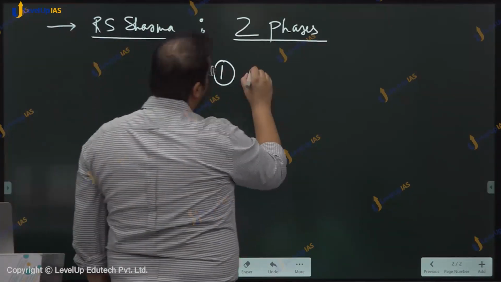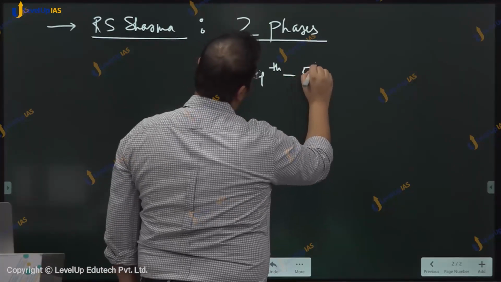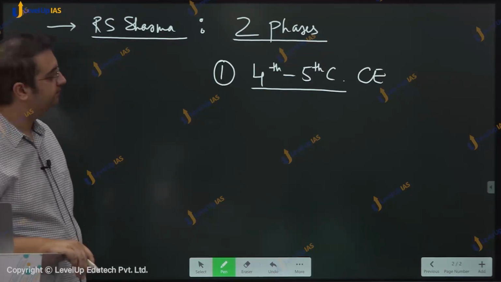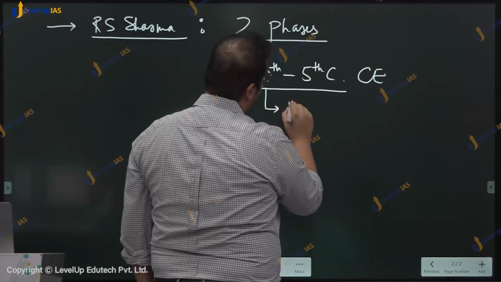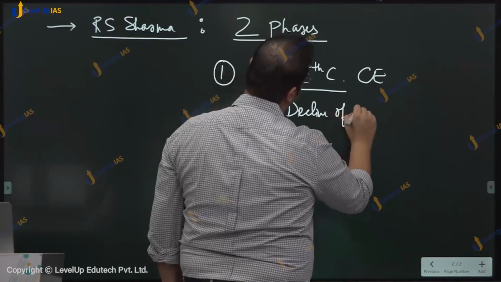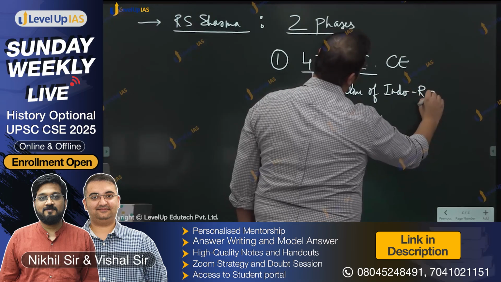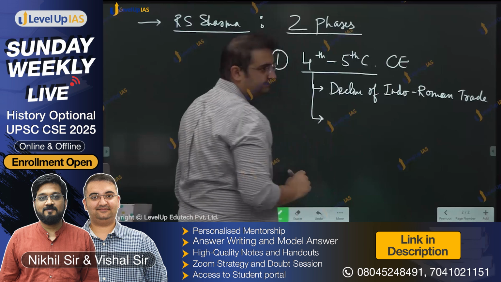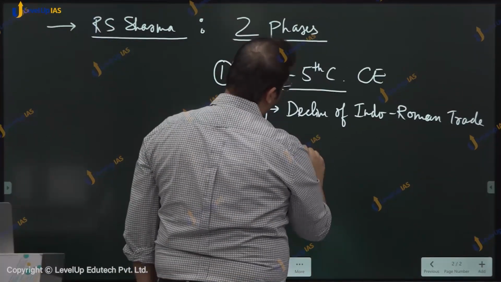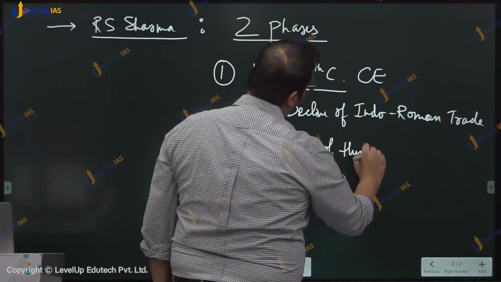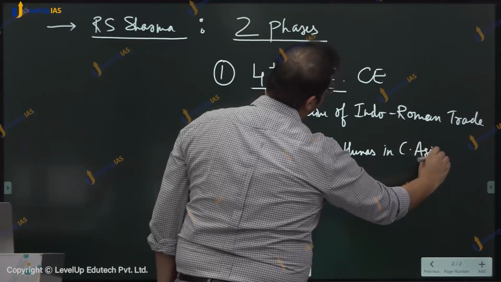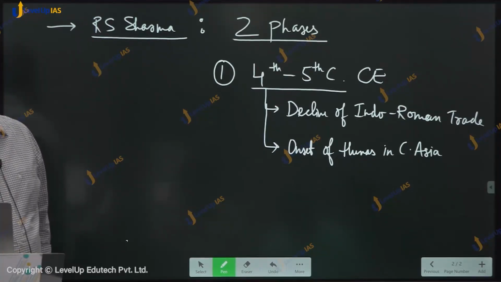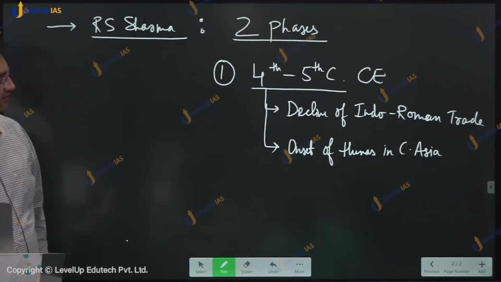Firstly, from the 4th to the 5th centuries CE, brought about by the decline of India's trade with Rome and the onset of Huns in Central Asia, who disrupted India's external trade.